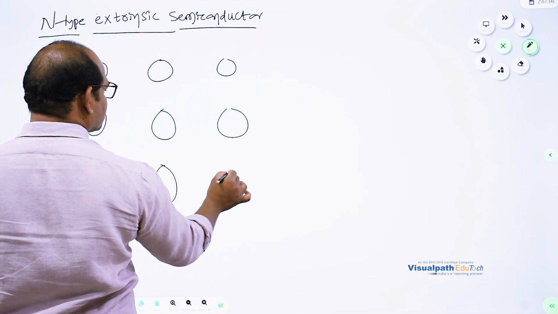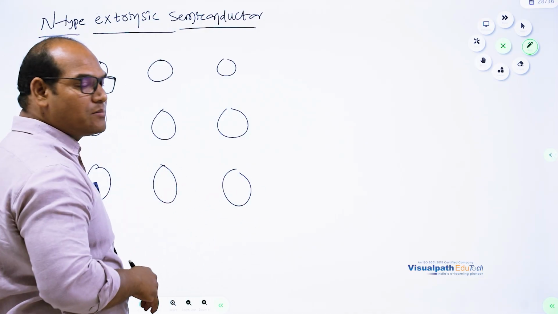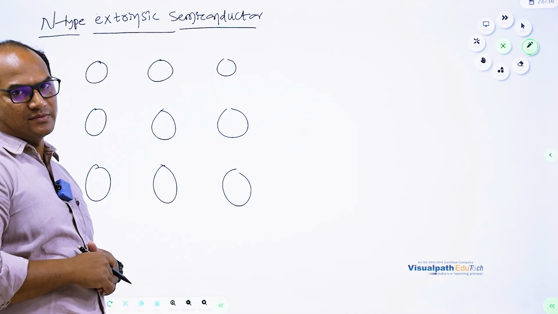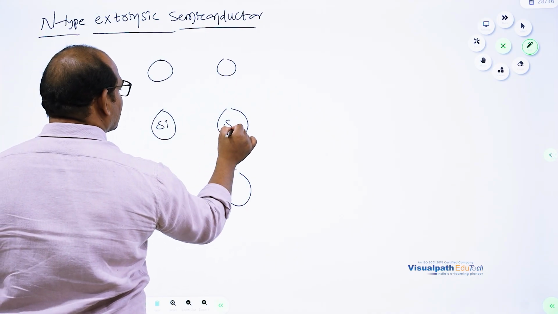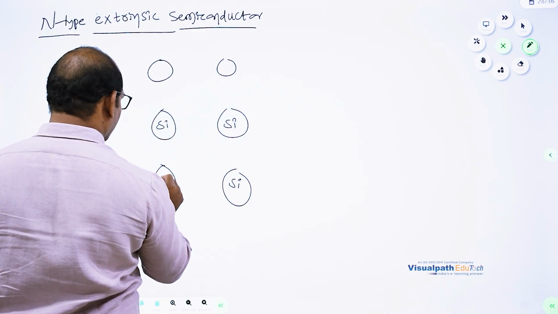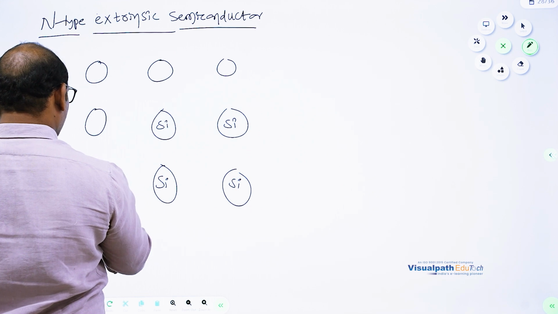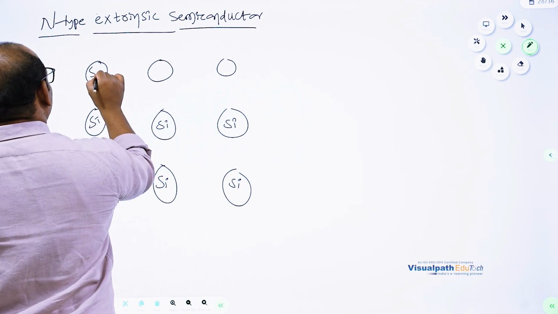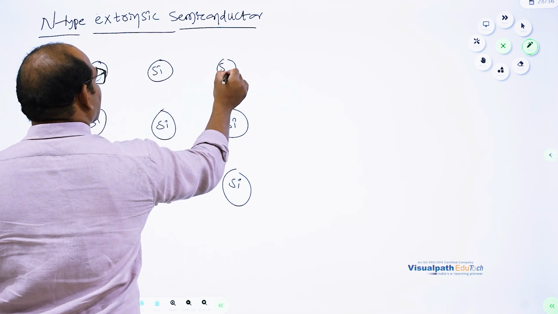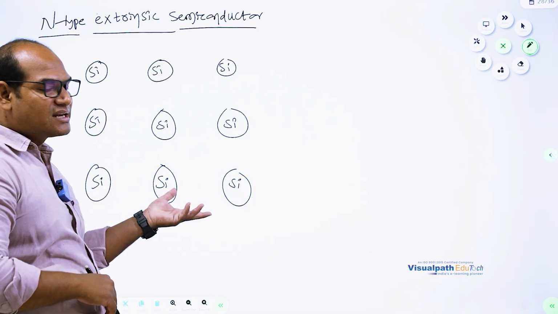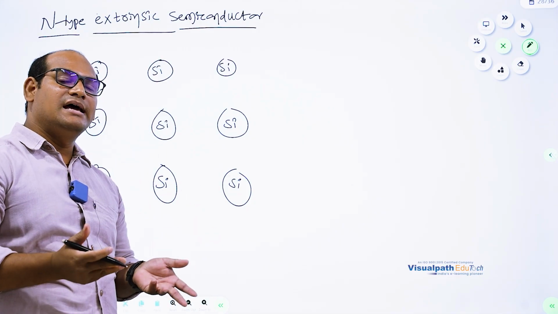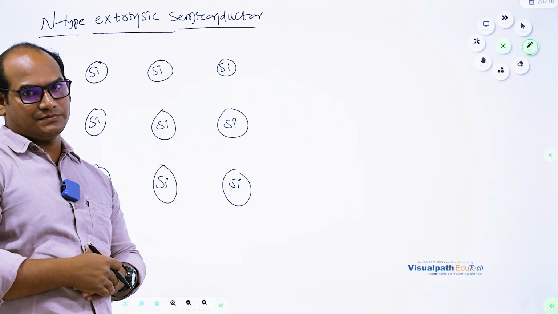For explanation purposes, we are taking just 9 elements, but actually it is a series of so many elements. So I am taking here silicon crystalline structure, an intrinsic semiconductor. All are silicon atoms only, and we are interested in the outermost 4 electrons only. Each silicon atom will be in covalent bond with its neighboring 4 silicon atoms.